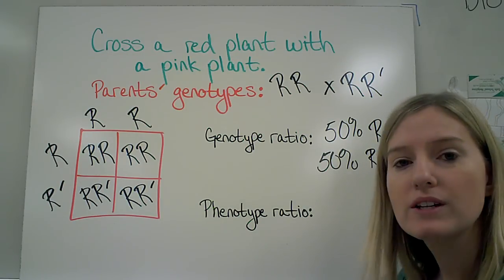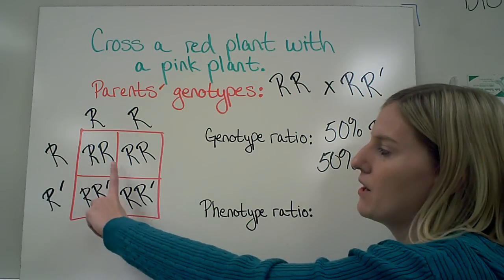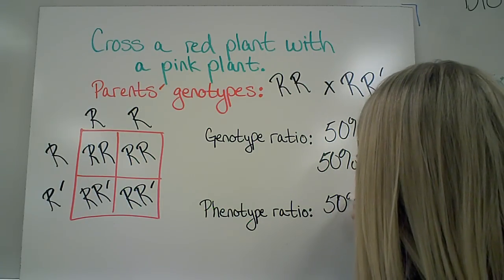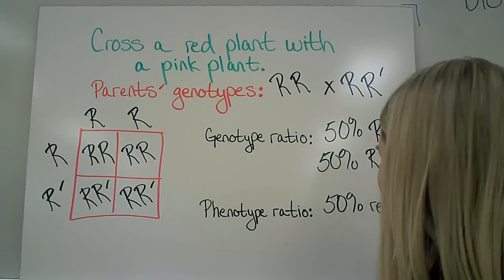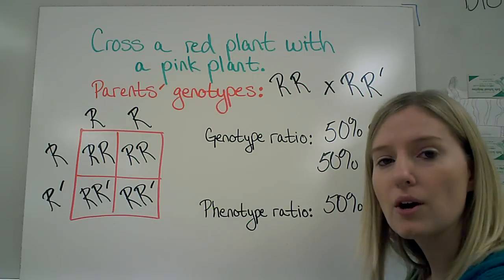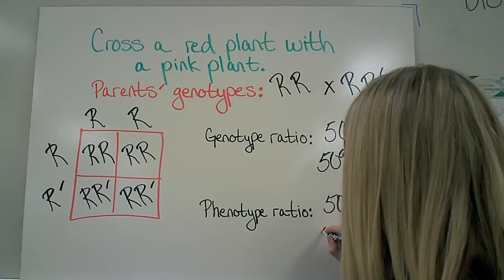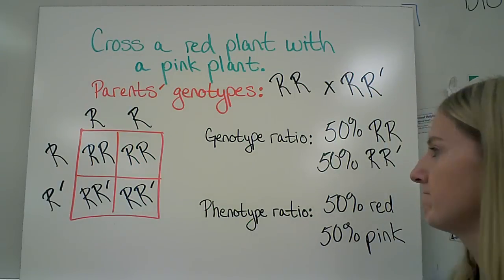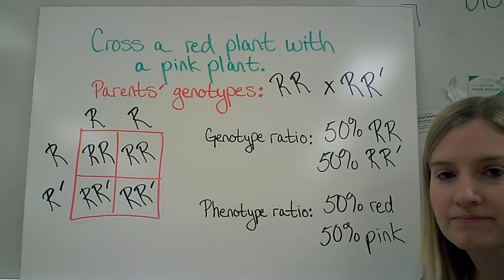Okay, phenotype. What is that going to look like? Well, big R we discussed was red, so 50% red. The other two boxes are R prime. What is that? Pink. And we're done with that one.